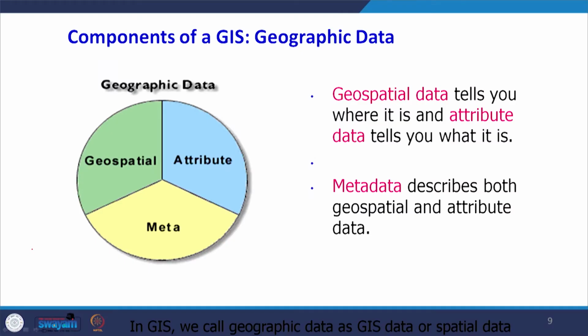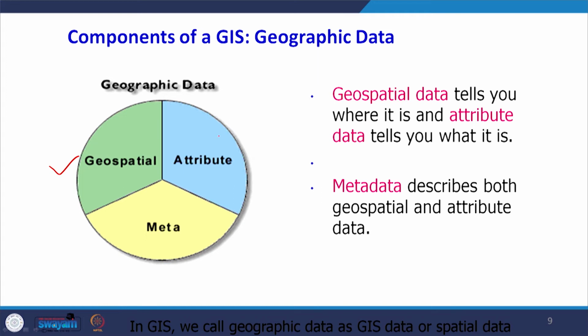So coming to the third part, which is the geographical data. This is another component of the GIS. The data will actually have three components. One will be the geospatial maps, which we can show graphically in the form of points, lines and features.